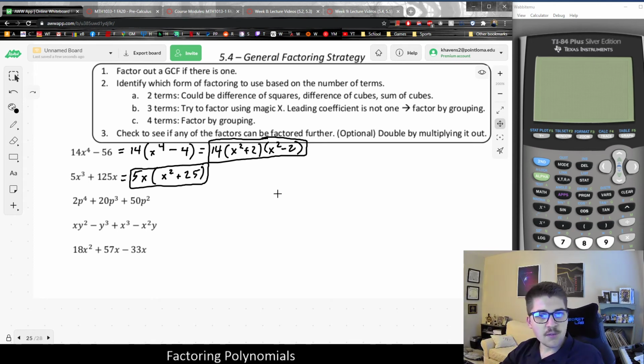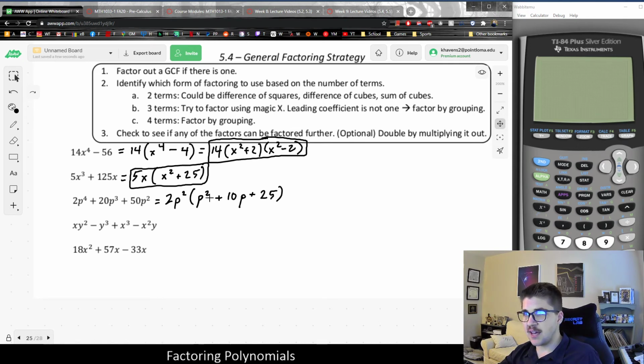Moving on to the third one, there's a common factor of 2p squared here. GCF always comes first. And after, I would be left with p squared plus 10p plus 25. And once I've factored out the GCF, I want to think about, can this be factored further?